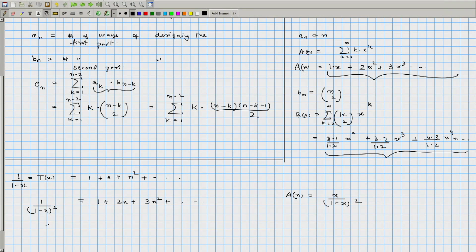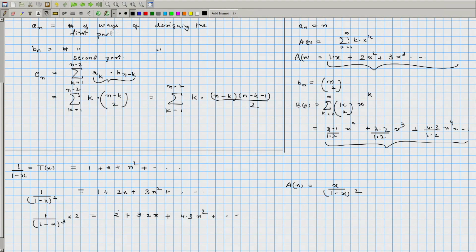And if you differentiate this once more, what we will get is 1 by 1 minus x raised to 3 into 2 is going to be equal to 2 plus 3 into 2 x plus 4 into 3 x square and so on. So, this is almost the same as Bx, but there are few missing terms.